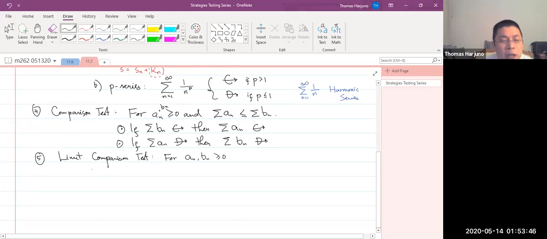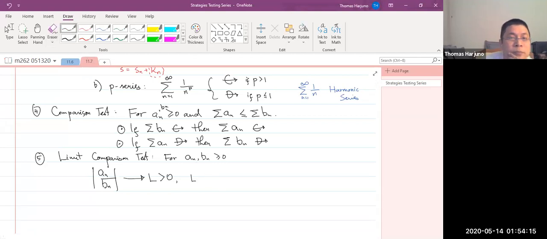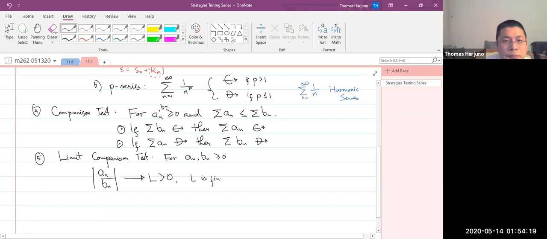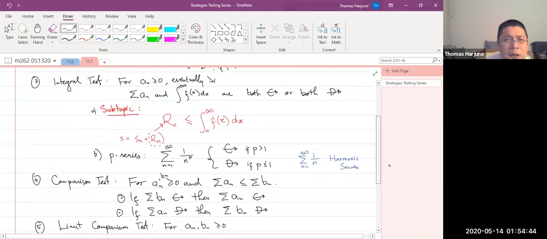Okay, for non-negative terms, if the ratio a sub n to b sub n converges to L, which is strictly greater than 0, L not equal to infinity, to finite L, then the series for a and the series for b are both convergent or both divergent. Okay, we have a similar case for the integral test.